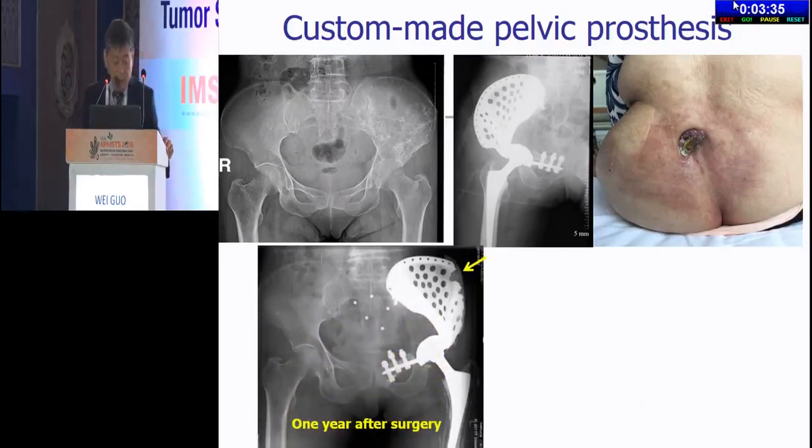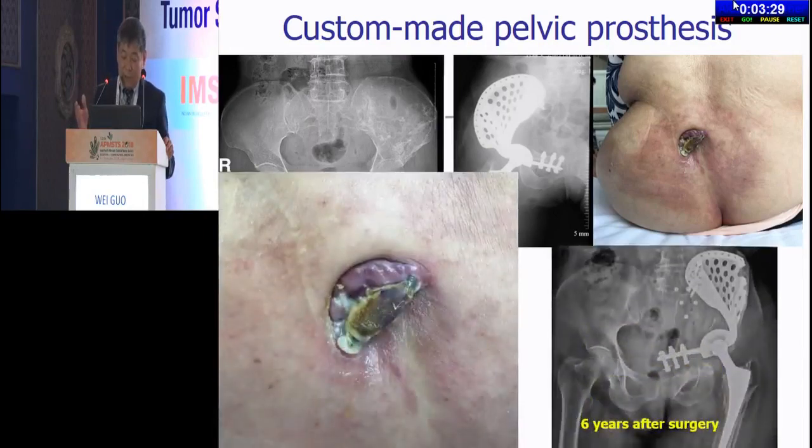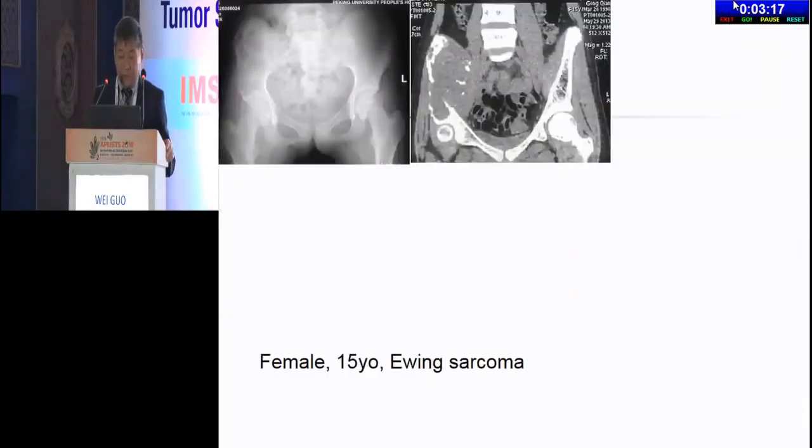So he did a revision, cutting the posterior part of the prosthesis 1 year later, but 6 years later the patient still has this problem. So we saw this custom-made prosthesis is not very good, like Dr. Odger talked about yesterday. It is too big a prosthesis.